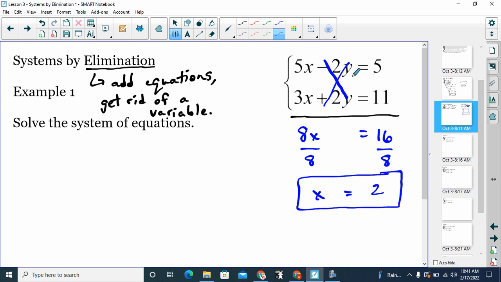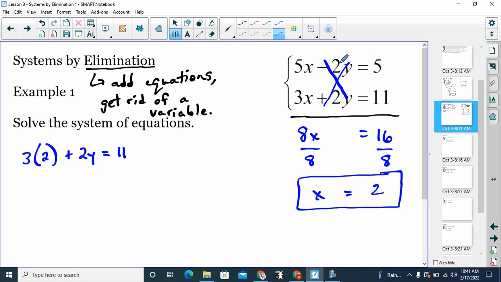Generally, I'd pick the one with smaller numbers, although they're all about the same on this one. I'm going to do the bottom equation here. Plug in 2 for your x and solve for y. So if I plug in 2 for x, I'm plugging it into the bottom equation. I get 3 times 2 plus 2y equals 11.